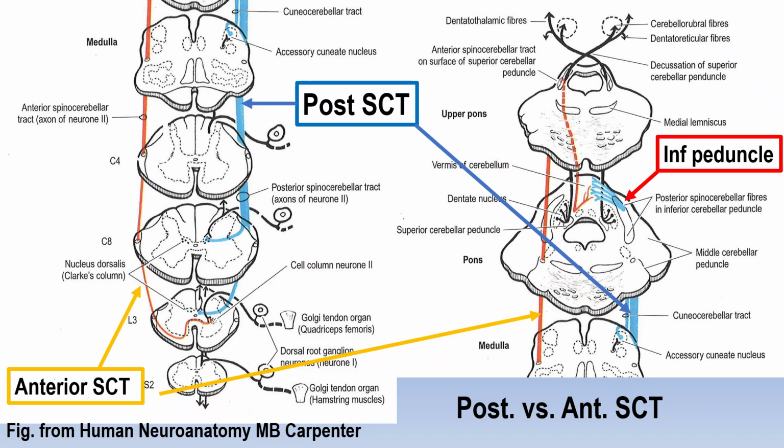The posterior spinocerebellar tract enters the inferior cerebellar peduncle without decussating, gives off collaterals to the intracerebellar nuclei, and finally terminates in the cerebellar cortex of the lower limb region.